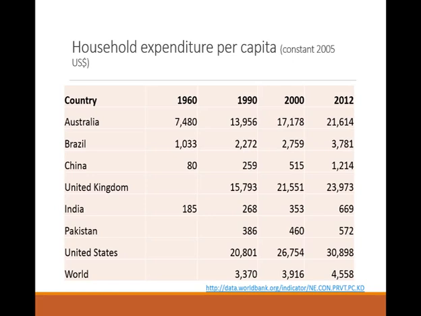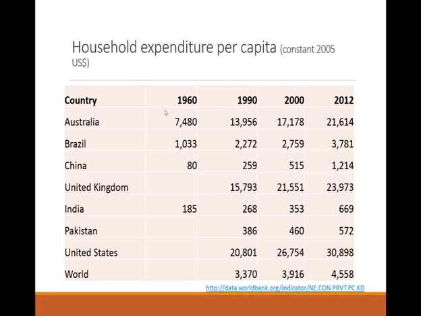So this is household expenditure per capita, so per person, how much is being spent at a household level. The dollar amount is all consistent with 2005 US dollars, so that we can compare from the 1960s to 2012, and this is all the available data.